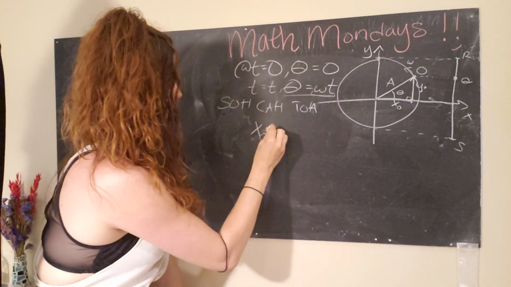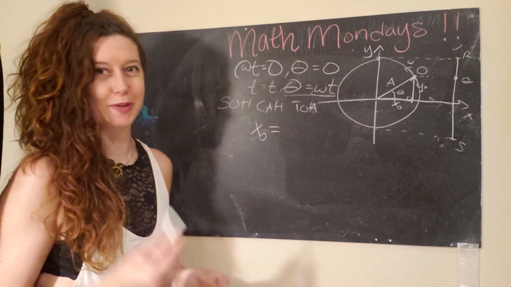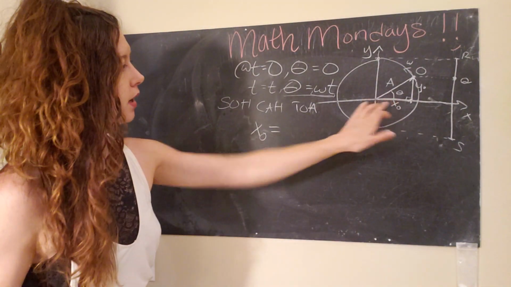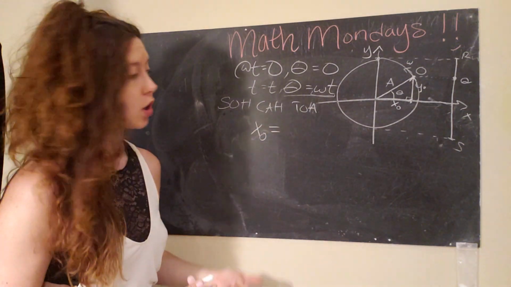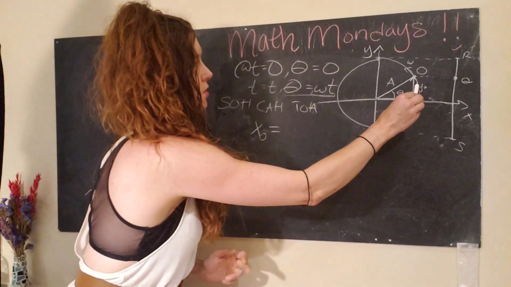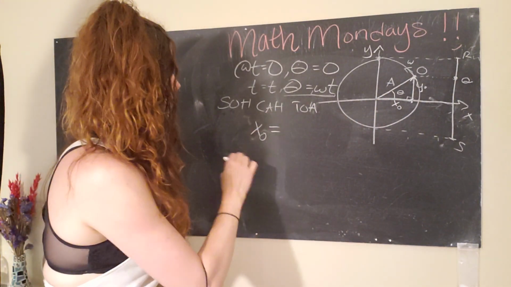So the horizontal position of our particle can be represented using sine or cosine. So we just have to figure out which one. Sine is opposite over hypotenuse, so that would be that side. Cosine is adjacent over hypotenuse.